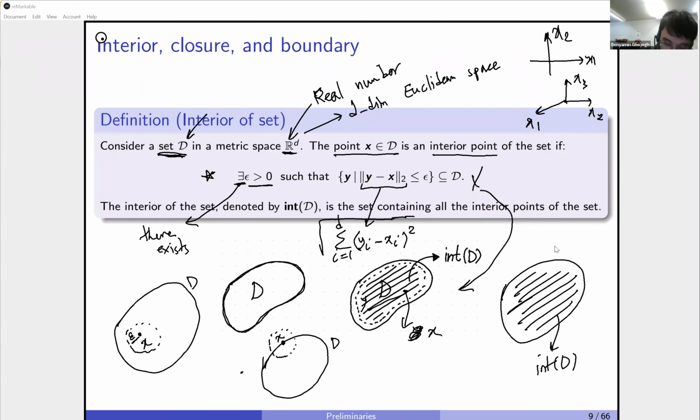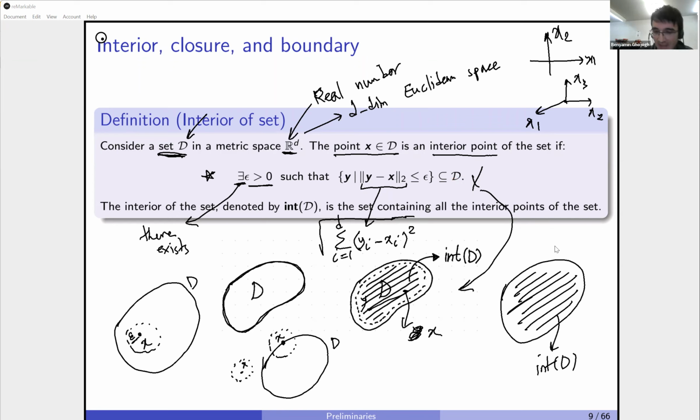Also, if the point is outside D, like this, its neighborhood is not inside D. If all of its neighborhood, for a sufficiently small epsilon, is in D, then that point will be an interior point. This is the definition of our interior point.